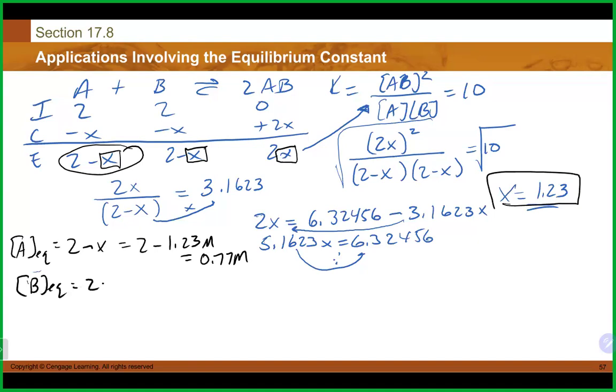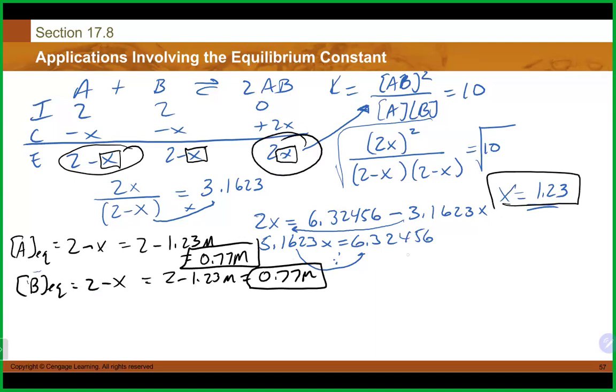It's going to be 2 minus x, which would give us 2 minus 1.23 molar, 0.77 molar. And now for our AB, our concentration of AB at equilibrium actually equals 2 times x, which means we would take 2 times 1.23 molar, and that's going to give us 2.46 molar in this case.